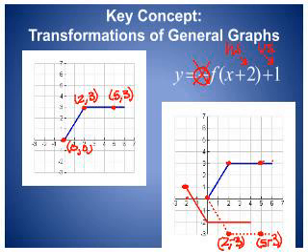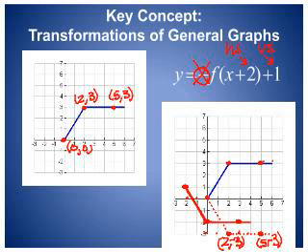Okay, now I'm going to take my point that's at 2, -3, and I'm going to shift it horizontally -2 and vertically 1. So I end up here. My point that is at 5, -3, I'm going to shift horizontally -2 and vertically +1. And there I have the new graph again.